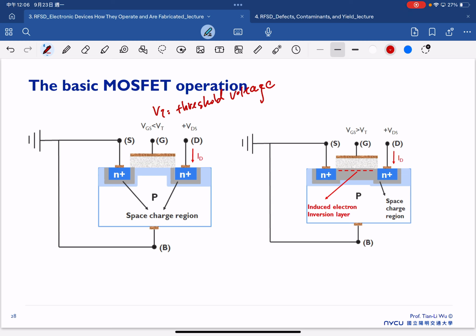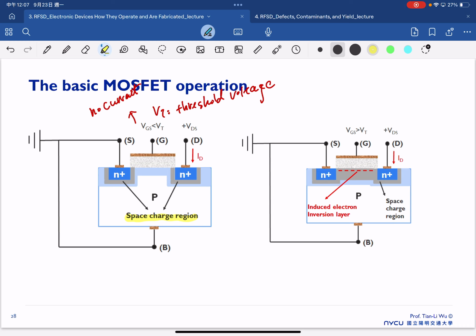Because VG is smaller than the threshold voltage, we expect no current, because there is no inversion electron layer below the dielectric. But one thing you have to be aware of, which we haven't mentioned before, is that now you see the term space charge region again.